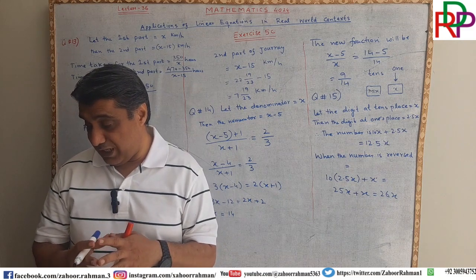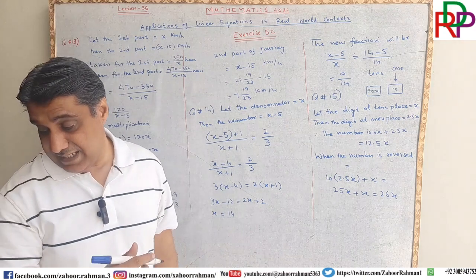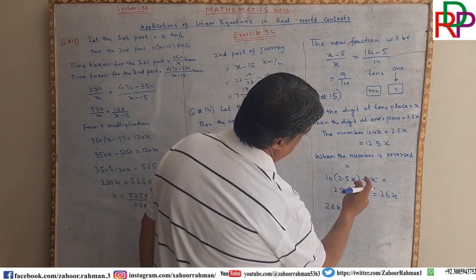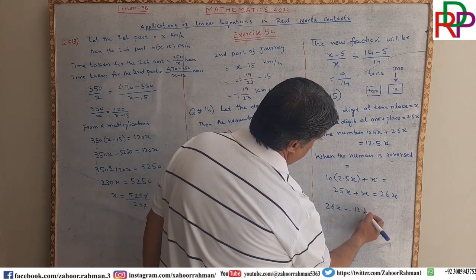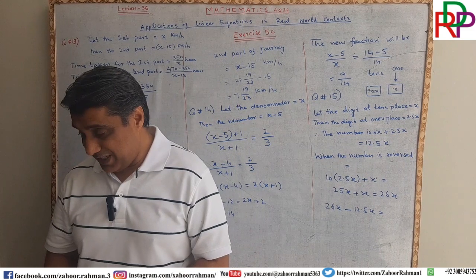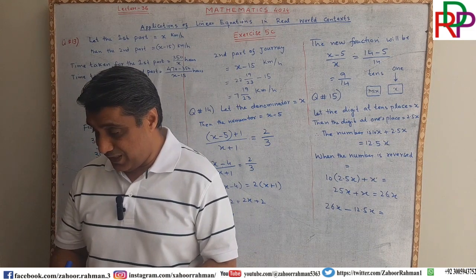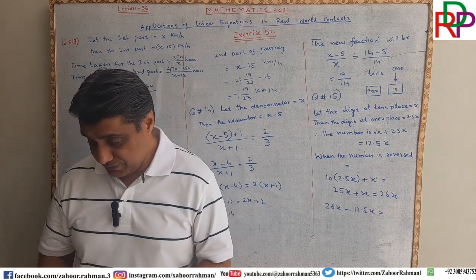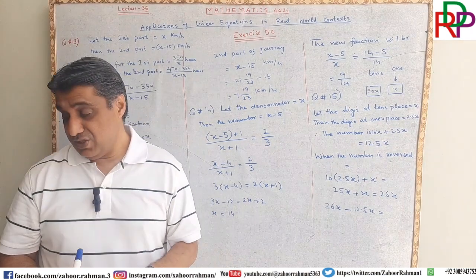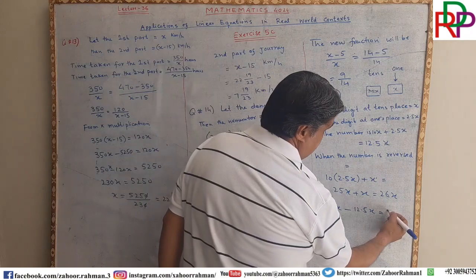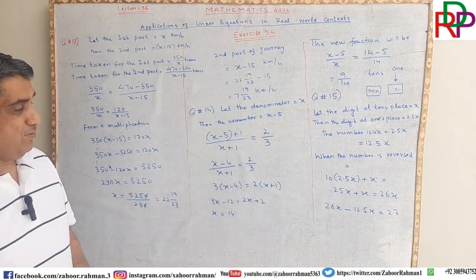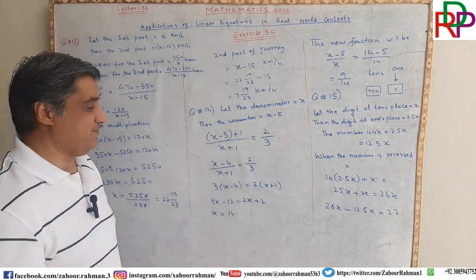So now we have to find 26x minus 12.5x is equal to 27, as they have given us that the difference with the reverse is 27. So it means that it is 27, and this is the whole scenario. We have to find the value of x.